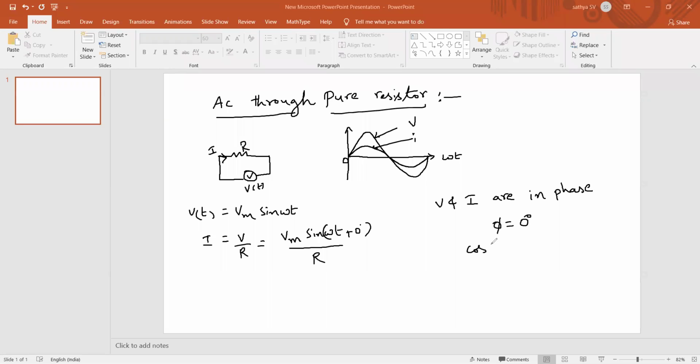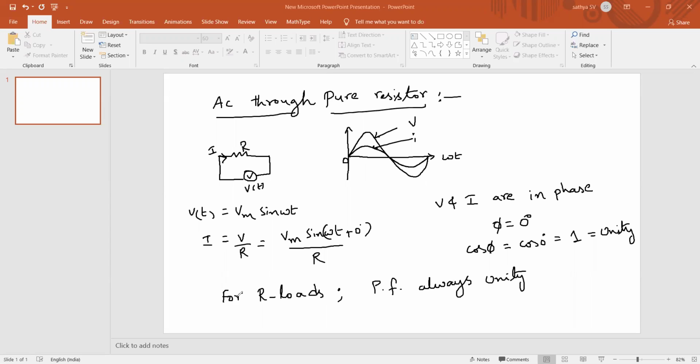What about your power factor? It is cos 0, which is 1, that is unity. So for resistive loads, nothing but R loads, the power factor is always unity. Very important for competitive exams. That means a power factor of 1.